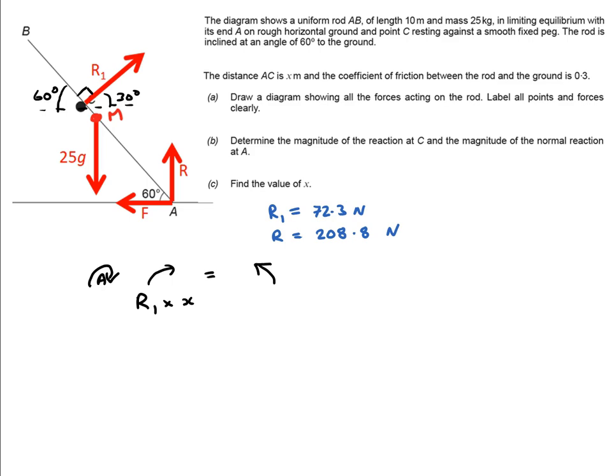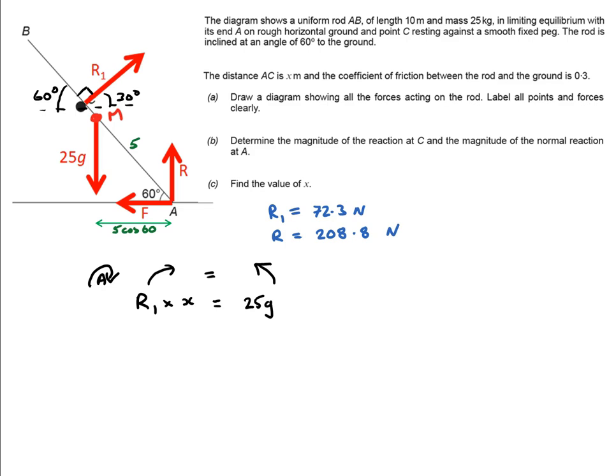We need the perpendicular distance of the line of action of the 25g from A. So that line of action of the 25g is the vertical line.